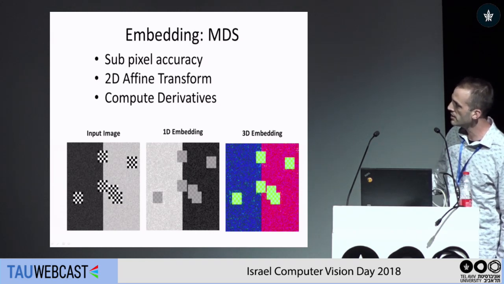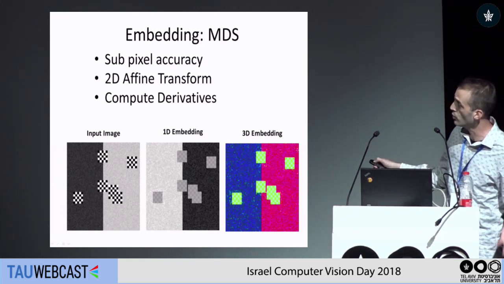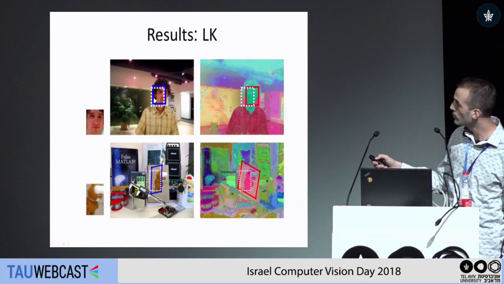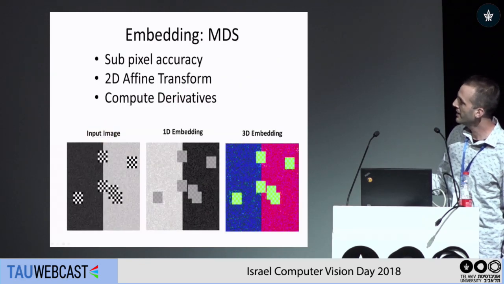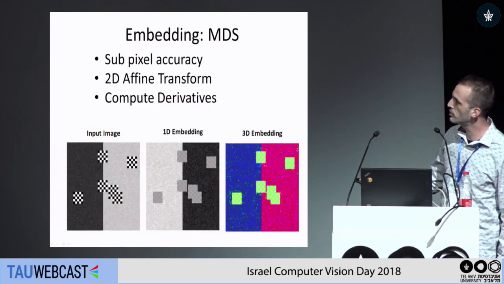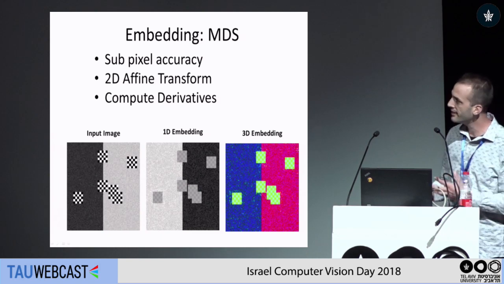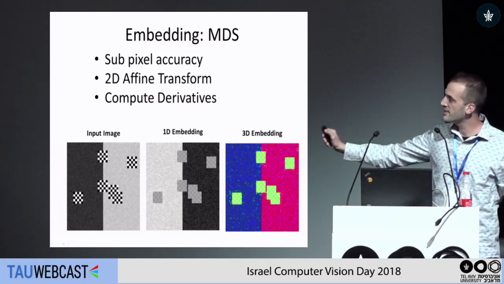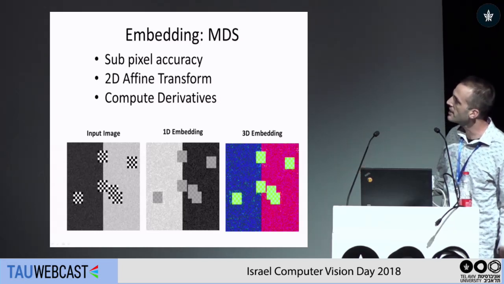And the light colors were mapped to red, to R. The checkerboards to green, and the dark colors were mapped to blue. So in fact, in 3D, they got mapped as far as they could, okay? That's the maximum distance we could get between the 3 regions.